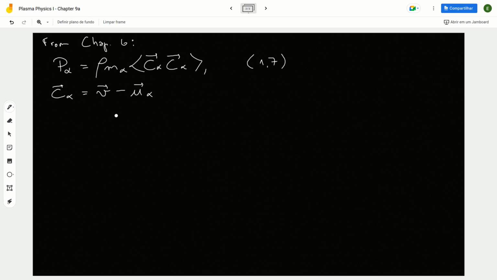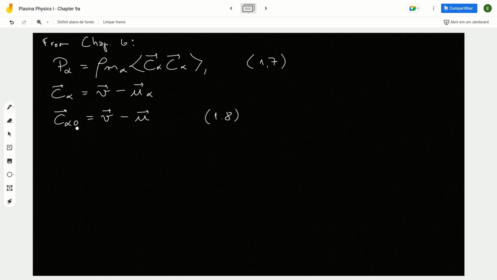But for a plasma as a whole, it's useful to define also this other quantity, C alpha naught, which will be the difference between V, the particle velocity, and the mean velocity computed over all particles. So this is going to be 1.8.